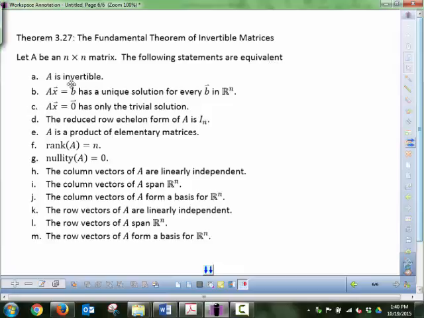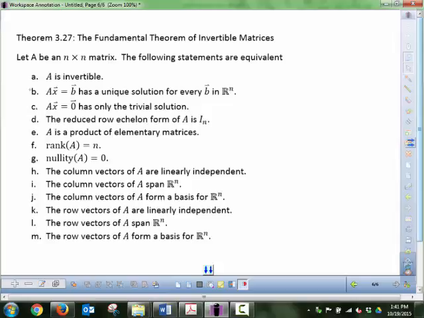That means AX equals B has a unique solution. That means AX equals 0, our homogeneous system, has only the trivial solution, which means the null space is 0, or the nullity is 0. I guess that's G over here. We'll get there. The reduced row echelon form, by the way, this is for square matrices, will have to be the identity matrix, because if A is invertible, you're not going to have any 0 rows after you reduce it.